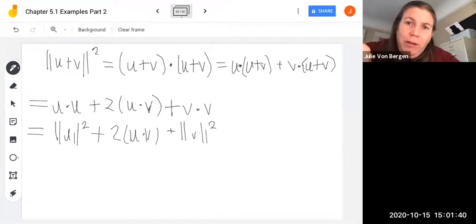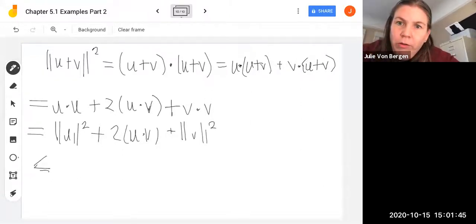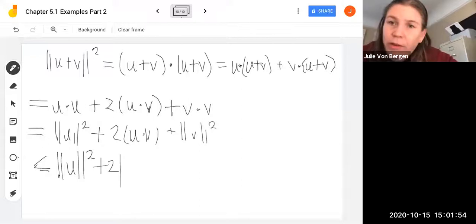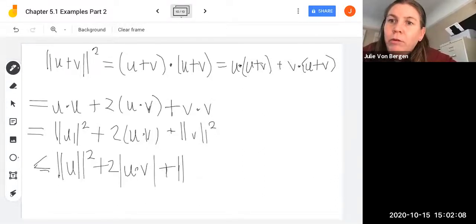So this is going to then be less than or equal to the norm of u squared plus 2 times the absolute value of u dot v plus the norm of v squared.